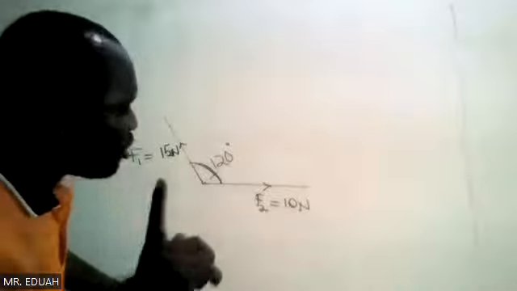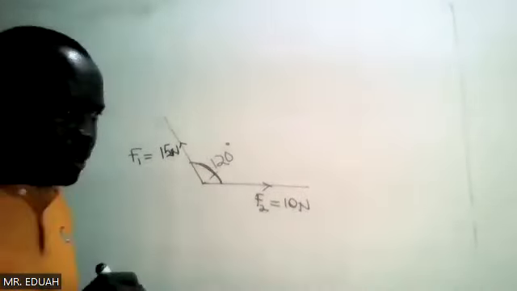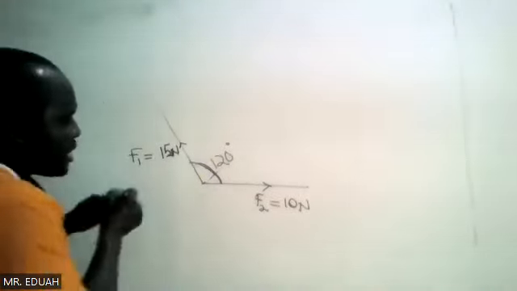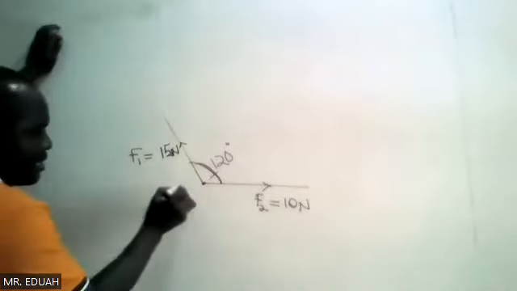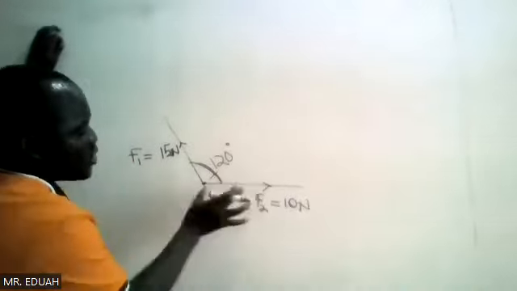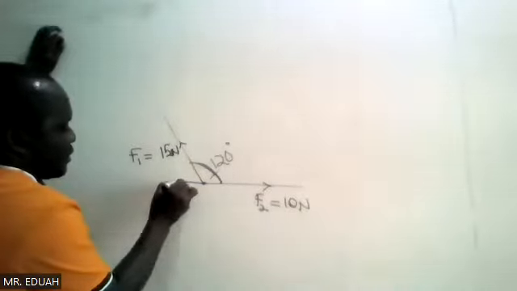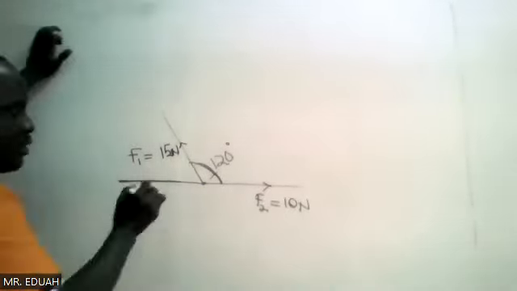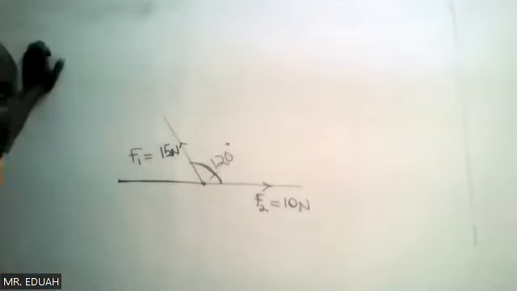But note this for vectors: starting from here, I can draw the magnitude of this vector, 10 Newton, from this point to this point. It's still 10 Newton.